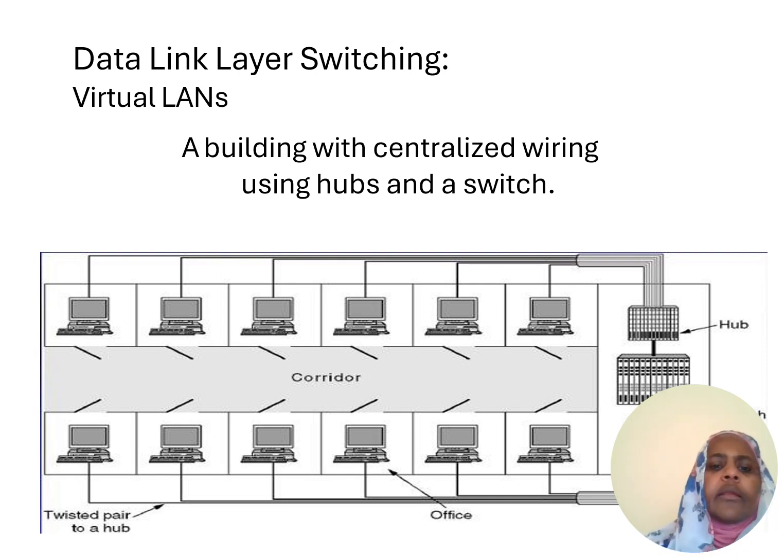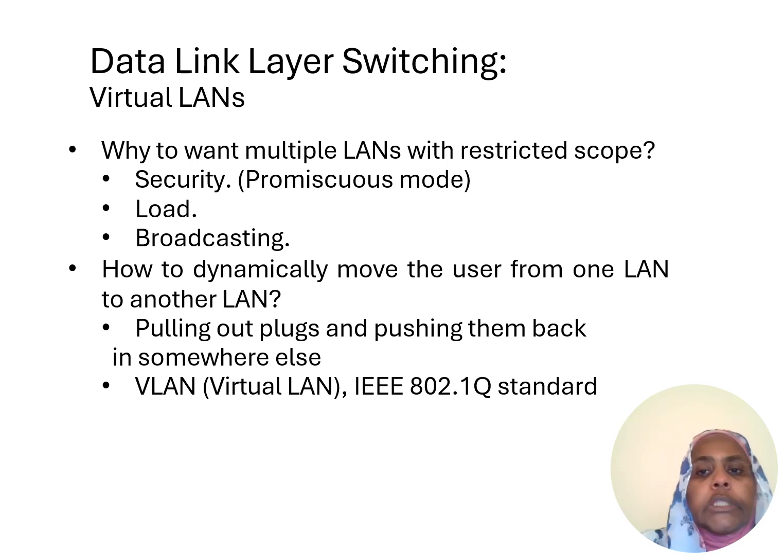So there is a need for us to have a way to resemble the organization structure other than the physical layout. Why do we need multiple LANs with restricted scope? For security purposes, where in broadcast mode everyone can hear the traffic, and we need to limit this to the people who are concerned with the traffic.